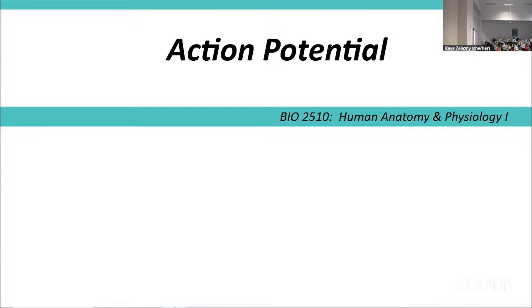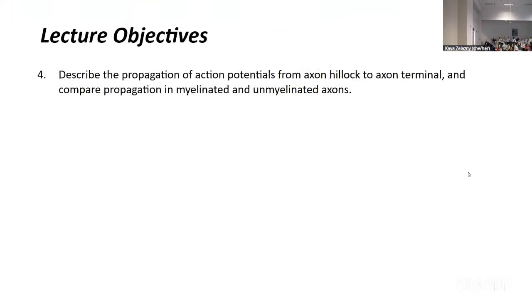So that sets us up to understand a bit about propagation of action potentials. Now we're going to think about, mechanistically, how did we get from the body of our neuron, the soma and dendrites, where it had stimuli coming in, and that little pinching off point, the axon hillock, all the way down the axon to the opposite end where we see our axon terminals and then the synapse.